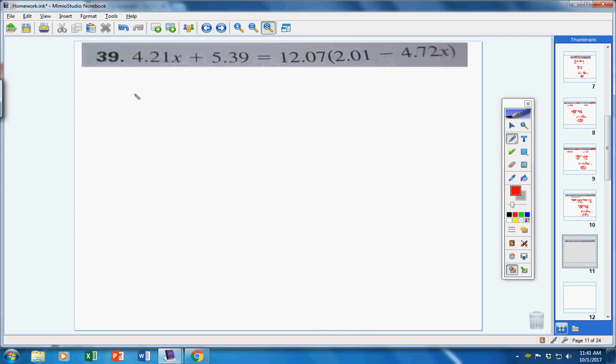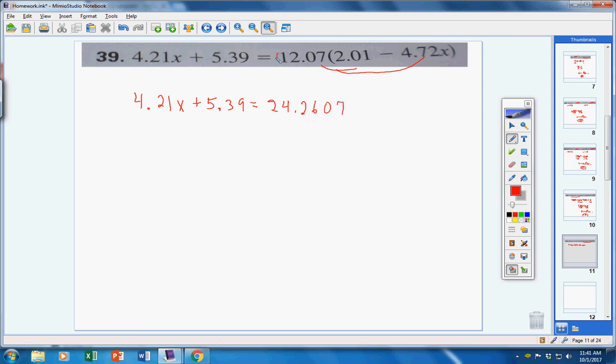simplify both sides. On the left side, there's nothing I can do. I have 2 unlike terms. On the right side, I'm going to take 12.07 and multiply it through. I'm going to use a calculator to save time, so 12.07 times 2.01, positive times a positive is positive, and you get 24.267.